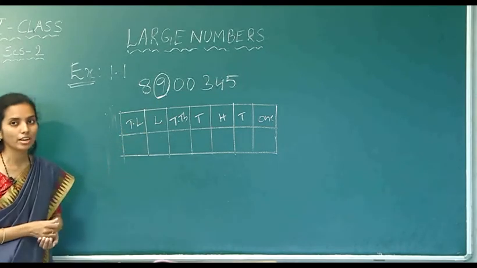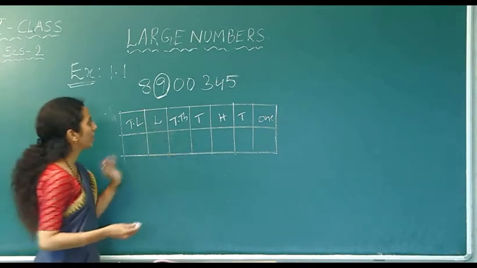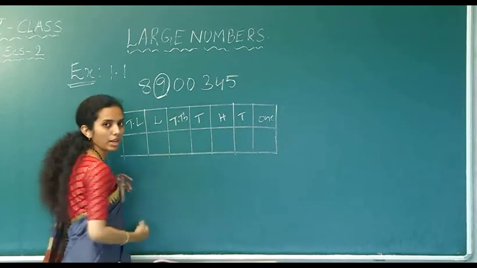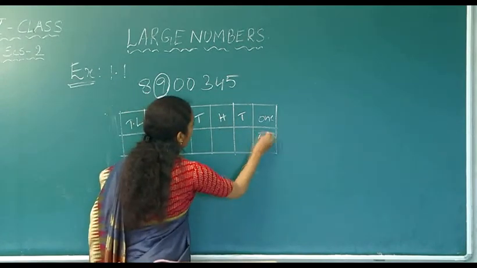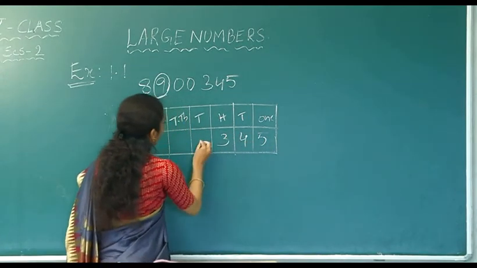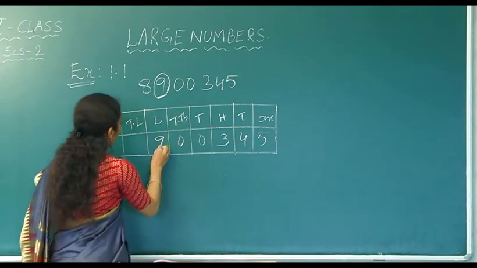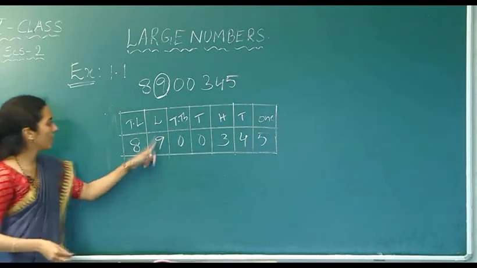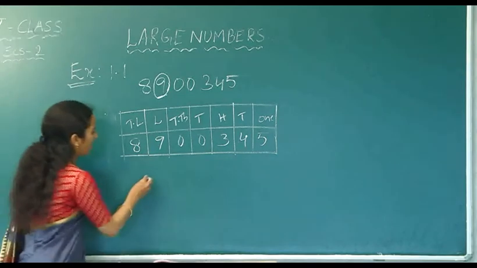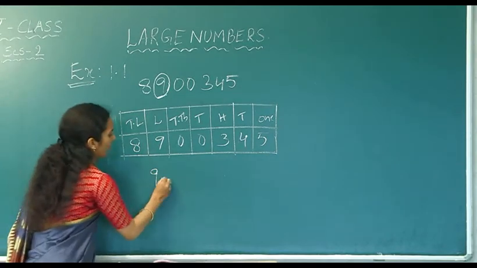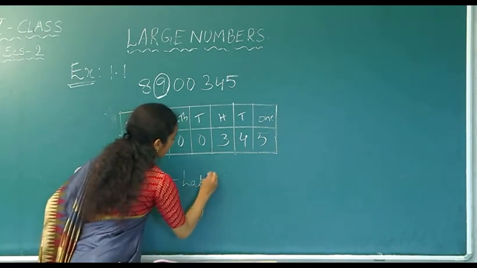So, how we can know it? We can know it by placing this number in the place value chart, that is 5, 4, 3, 0, 0, 9 and 8. So, where is 9? 9 is in lakhs. So, the place value of 9 is lakhs.